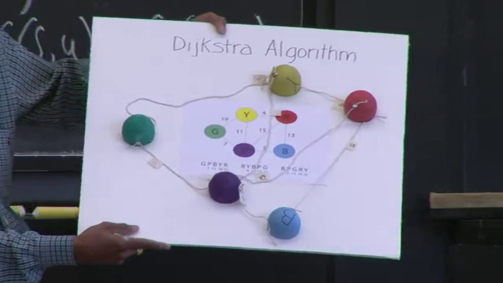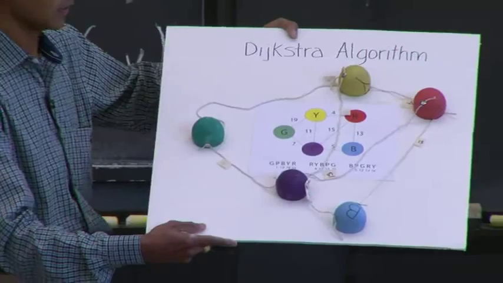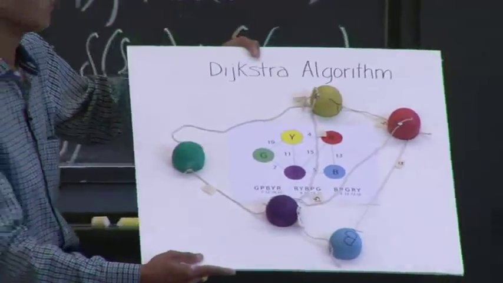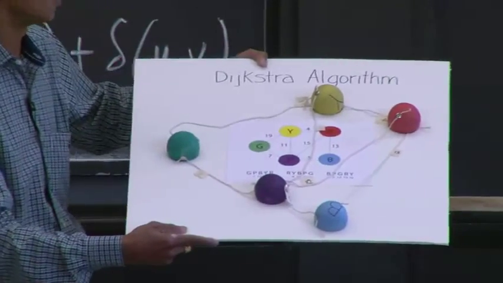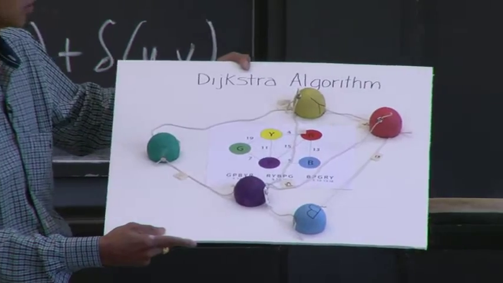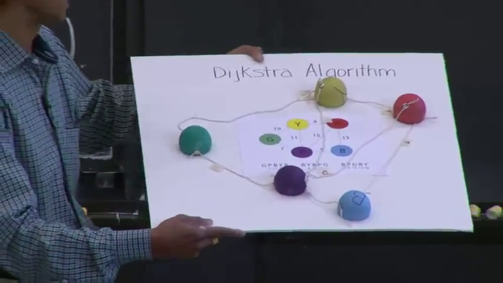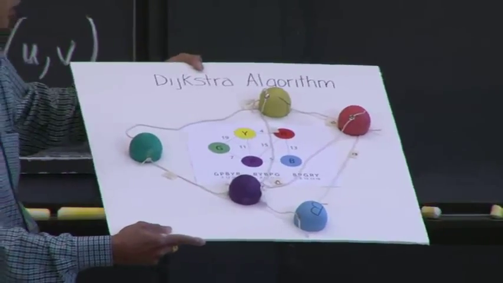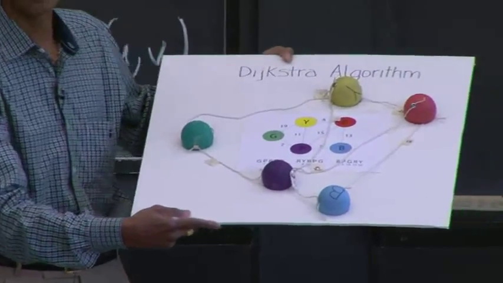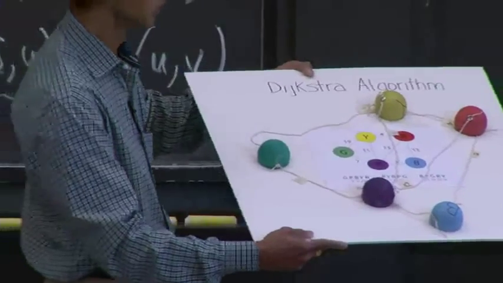So this graph is essentially what I have out there. I've put strings connecting these balls, with lengths associated with the weights that you see up there. The string connecting the green ball to the yellow ball on top is 19 centimeters, and so on for the other ones. All right? So that's the setup.